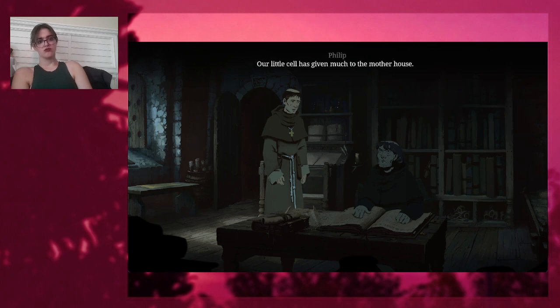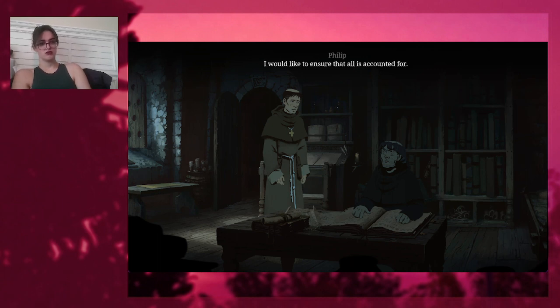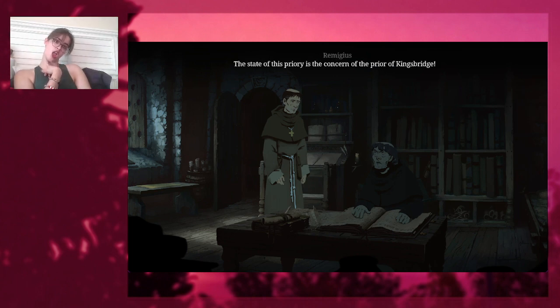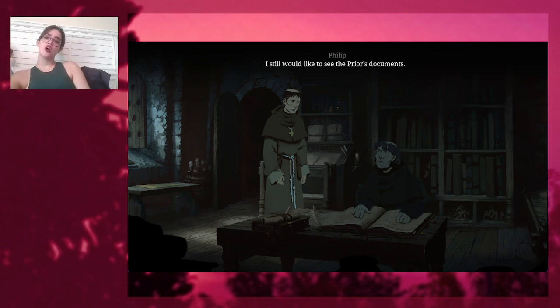Well, our little cell has given much to the Mother House. I would like to ensure that all is accounted for. So you do not trust us, Philip, is that it? The state of this priory is the concern of the Prior of Kingsbridge. I still would like to see the prior's documents.